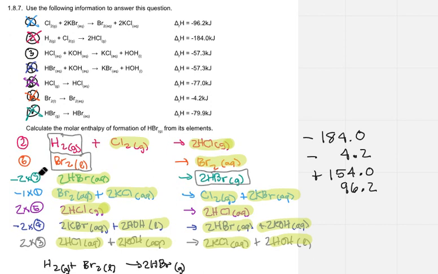That's a 7 in a circle, so the third reaction down was incorrect. This is minus 2 times reaction 7. So we flip this and double it, we get plus 79.9, and then we double it, and we get 159.8. Yikes. Sorry about that.